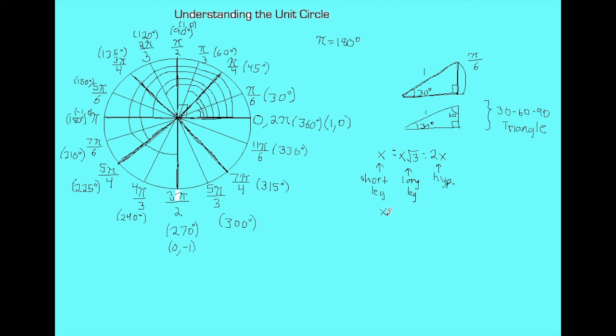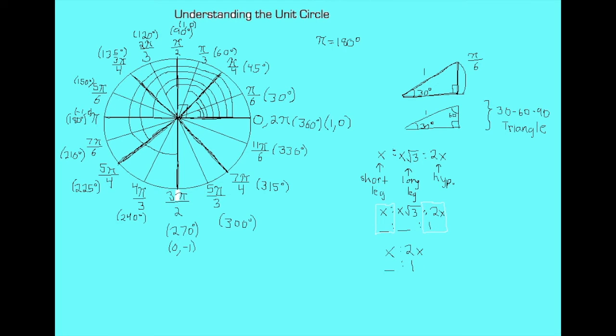So we have the ratio x to x root 3 to 2x, and we have some number to 1. So we are going to find out what both these numbers are. Hence, we are going to find what all 3 sides of the triangle are. So let's look at the shorter leg and the hypotenuse first. So the ratio is going to be x to 2x and some number to 1.